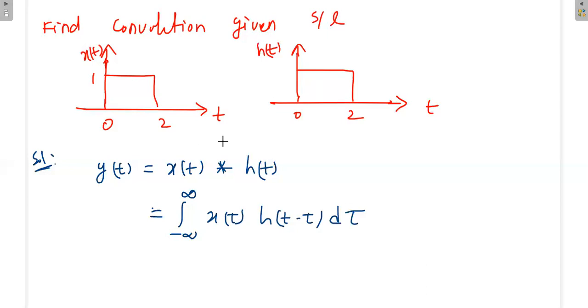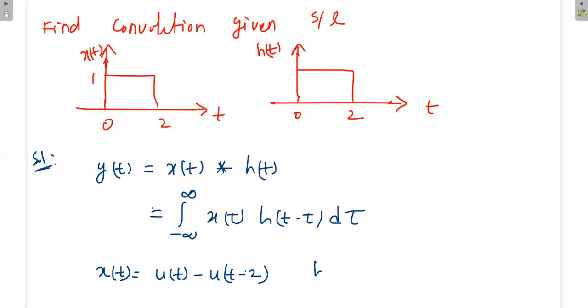In the exam, mostly we have to find the answer with the help of the graphical method. But now we are not going to the graphical method; we will solve this question just with the mathematical equation. First we write the mathematical equation for the given graph. x of t is equal to u of t minus u of t minus 2.